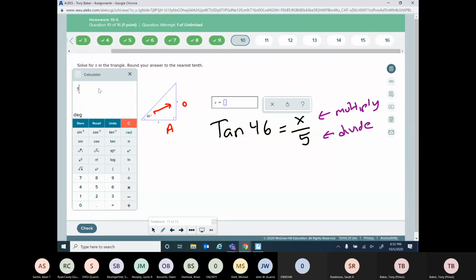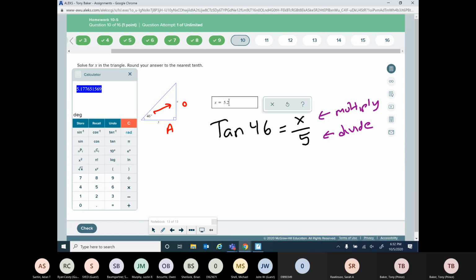So you always put the number in first. So it's 5 times tangent of 46. So in this case, my answer is, and we're rounding to the nearest tenth. Do make sure to look at what they're rounding to because they always change them up. So this is rounding to 5.2.